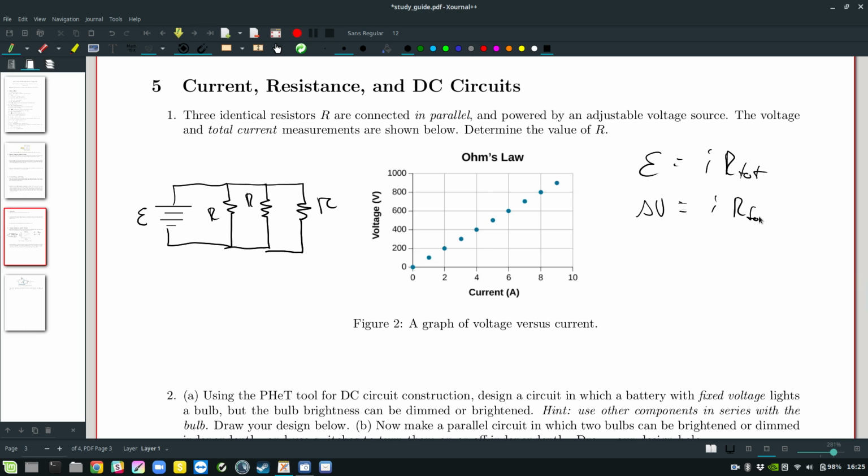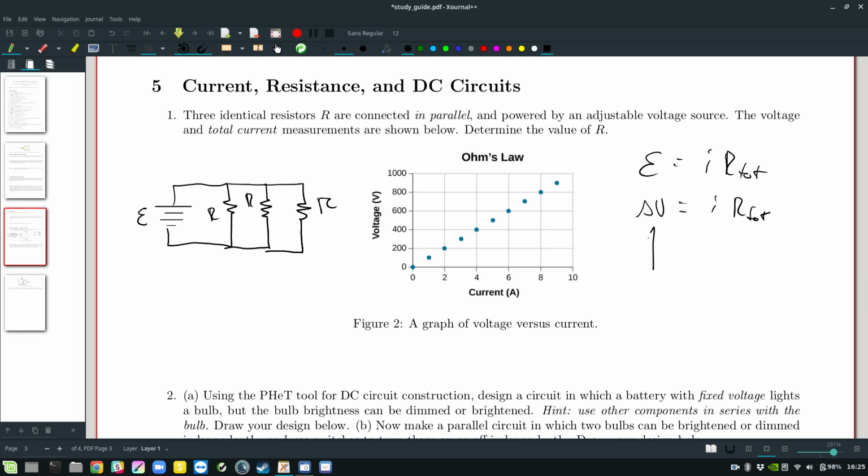But that's R total, right? That's not the individual resistance in some piece of the circuit. That's the total resistance. So our task is to vary the voltage, it's been plotted here on the y-axis, and then gather the current data, and then plot it so that we get the linear trend.